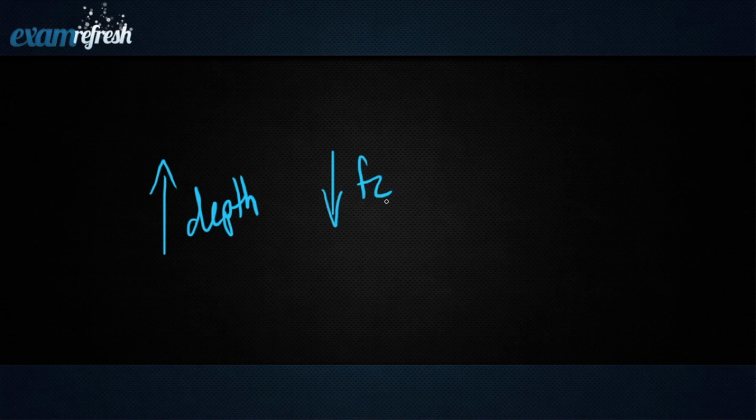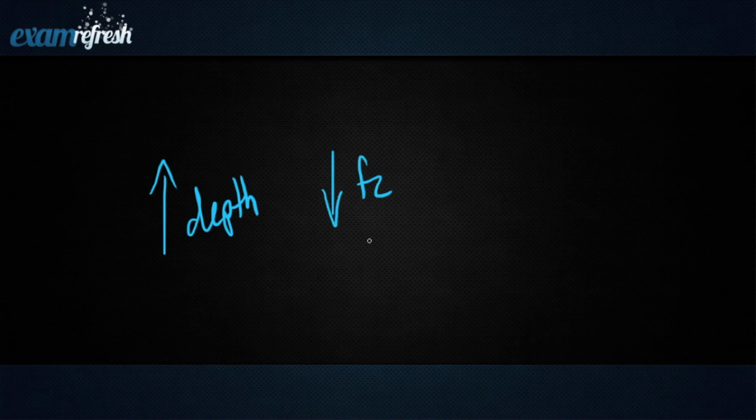So to increase your temporal resolution, just remember these 3 things. You want to reduce your depth, so you want to make your image as shallow as possible while still retaining all of the information you need. Don't cut off anything. You're going to decrease your focal zones because you only want the ones that are necessary.